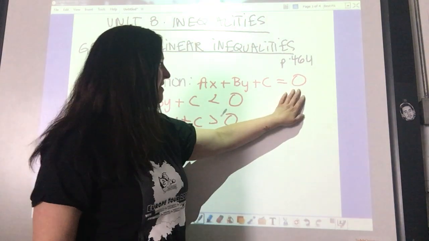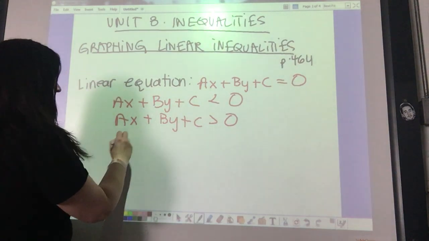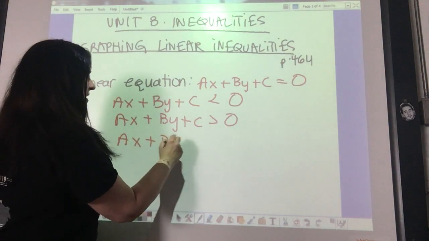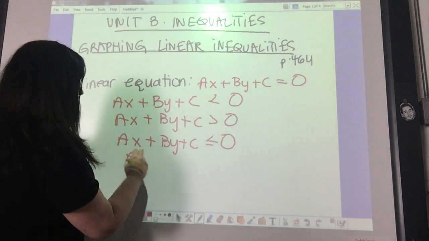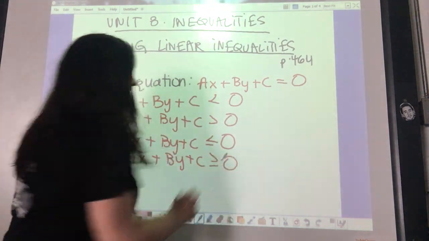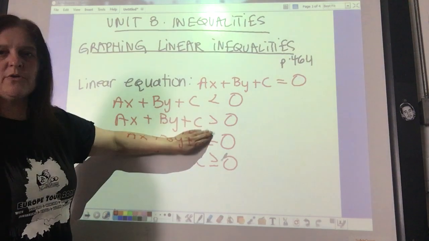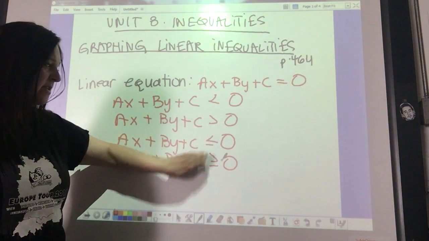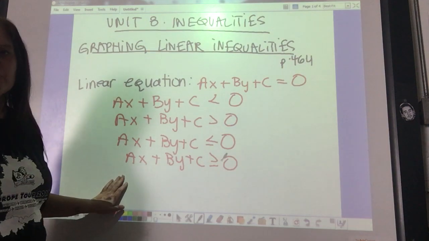If it's not equal to 0, it could be less than or greater than 0. What's left? Well, sometimes it could be less than or equal to 0, or it could be greater than or equal to 0. So those are our 4 different types of linear inequalities.